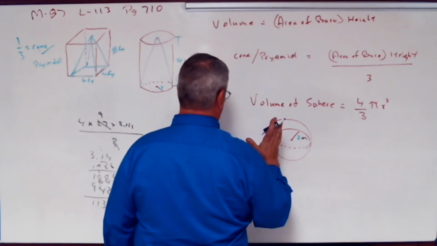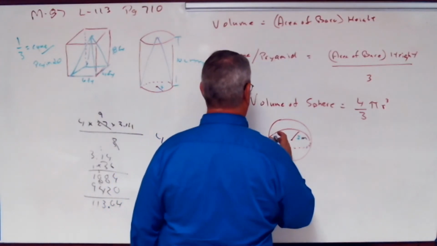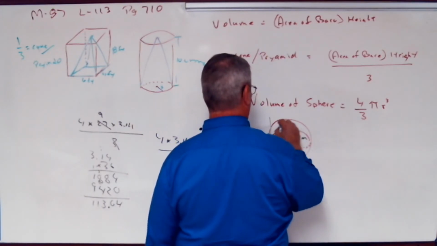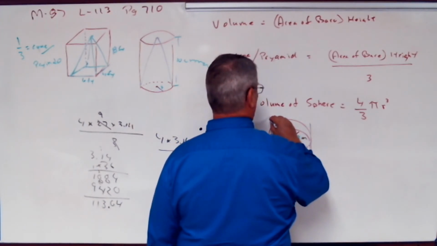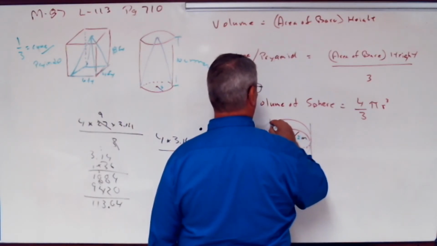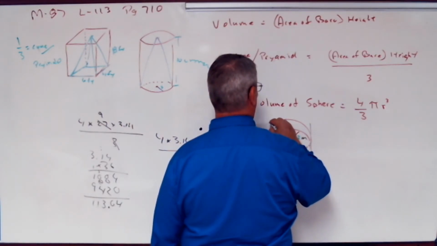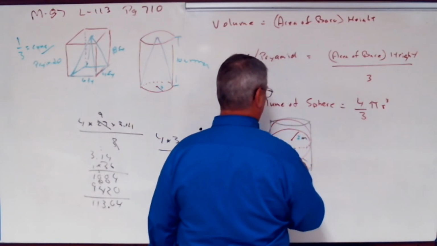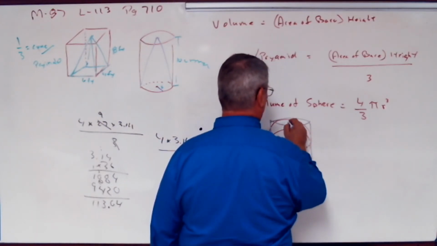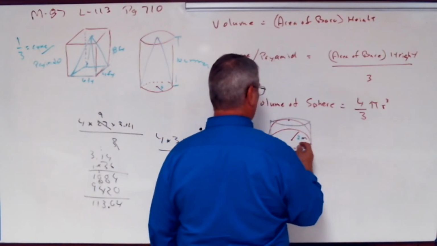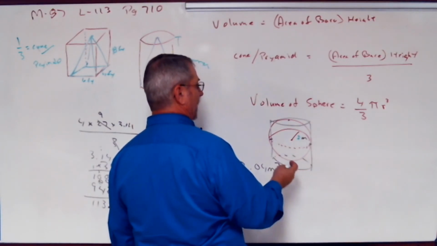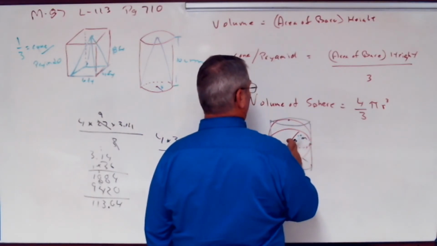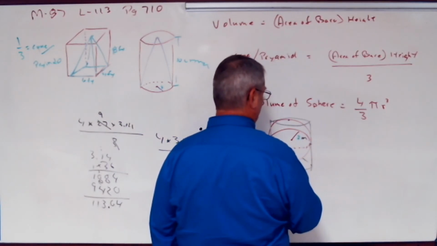Now, if we put this into a cylinder, the ball touches here and here and here and here. I didn't do a very good job of the cylinder. I apologize. Okay, the cylinder is area of the base times height.